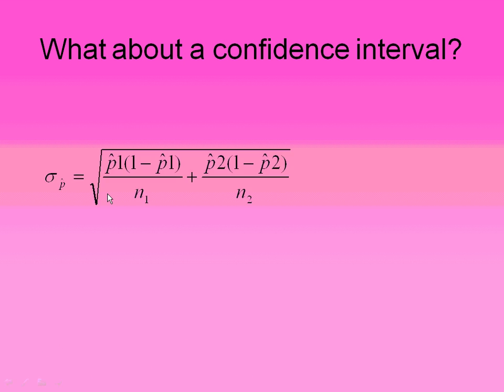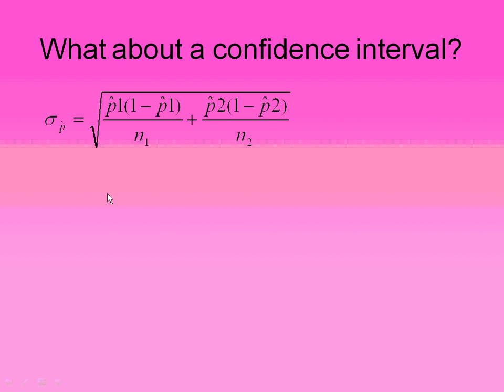In a confidence interval, the changes we make are actually using p hat 1 and p hat 2, males and females. Because remember, we're not assuming we know proportions are equal. So all we have to work with is our sample proportion. So we would use those in our standard deviation.